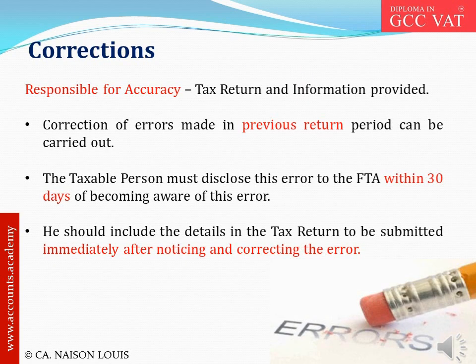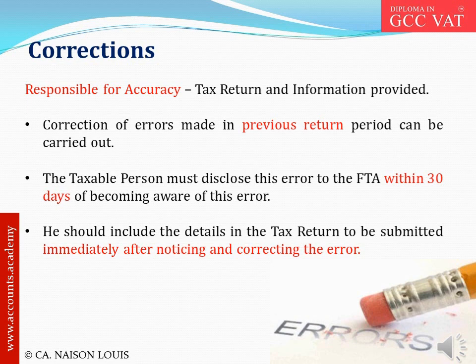Corrections. The taxable person is responsible for accuracy of the tax return filed. Whenever there is an error in the previous return filed by a person, he should immediately correct the error. The taxable person should disclose the error to the Federal Tax Authority within 30 days of becoming aware of this error.